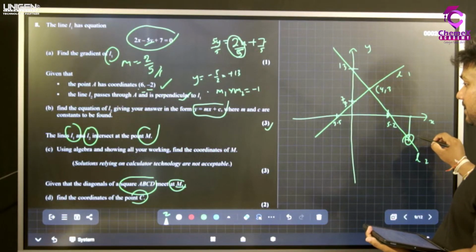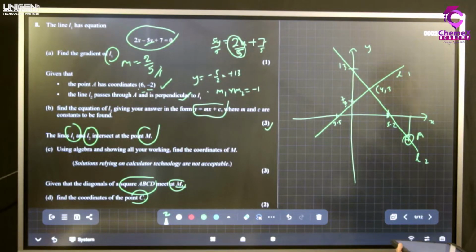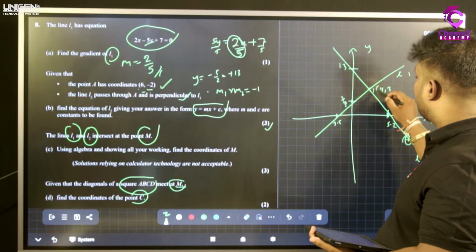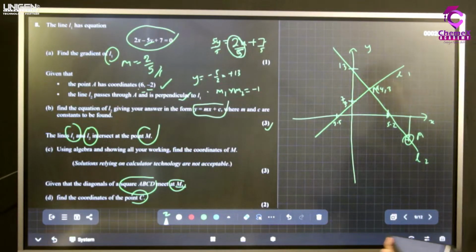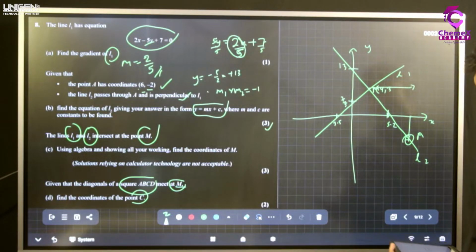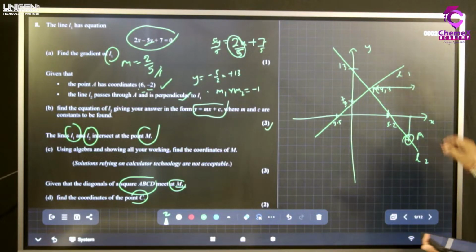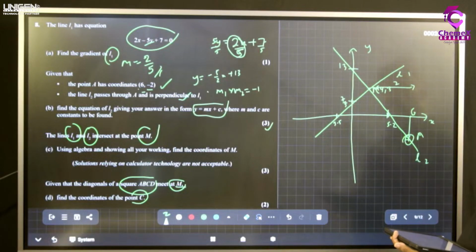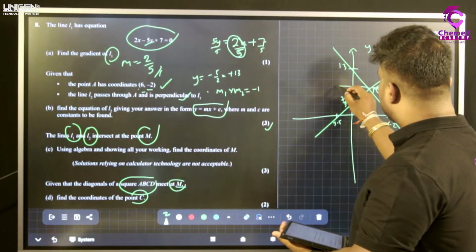What is that? A. So A is on a diagonal and M is the midpoint where the diagonals cross. Can you see what this gap from here to here is? 4 and 6, it's 2, right? This gap is 2, so you will have the same gap towards this side.